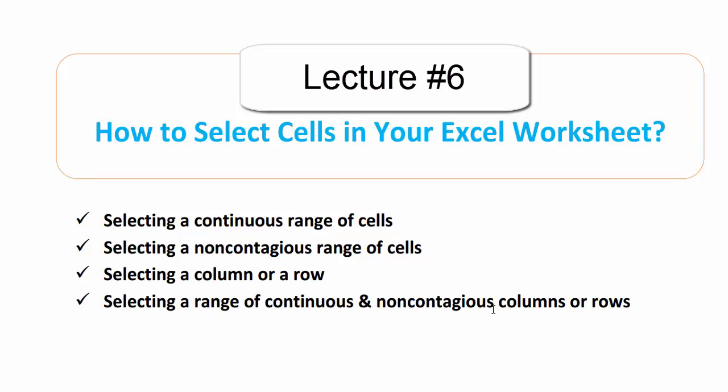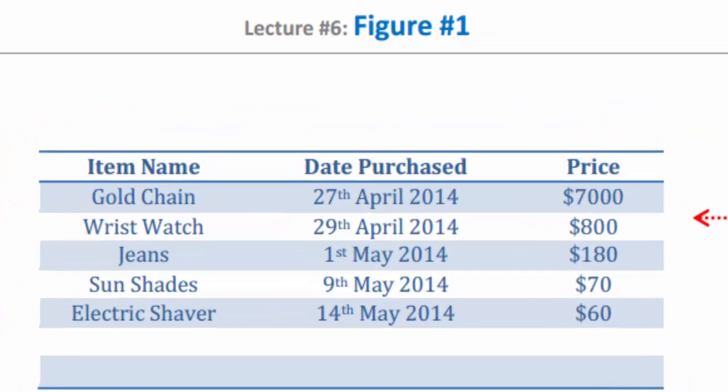Now, in order to learn about different selection techniques, let's work on creating an example worksheet that demonstrates how you can make use of the selection functionalities that Excel 2010 offers so that you can handle your data in a better way. Take a look at the following figure.